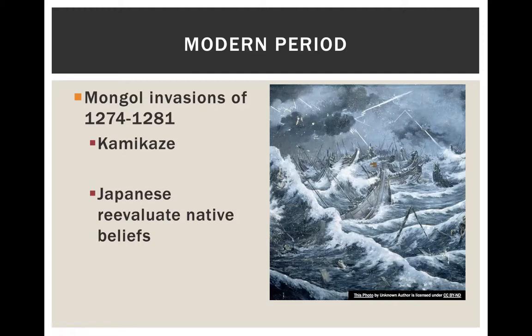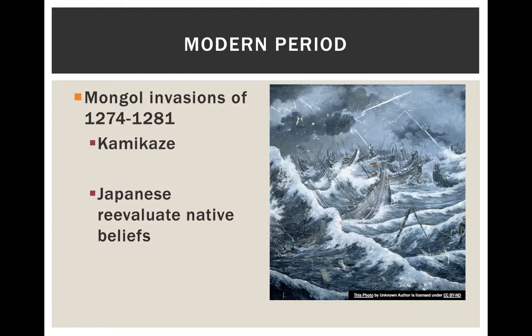Keep in mind, the Mongols had taken over all of China and beyond. So a very powerful society, and they wanted Japan as well. The Japanese were very much in fear of a Mongol invasion. If the rest of China couldn't hold them off, then how would Japan do that?